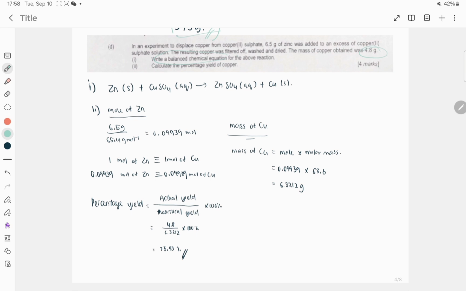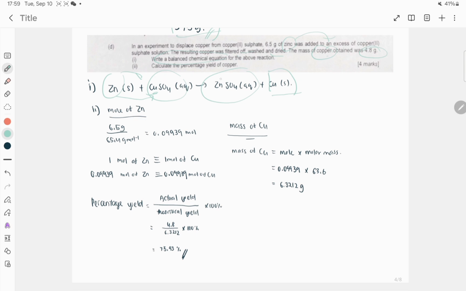So zinc was added into an excess of copper 2 sulfate, and it will produce a displacement. The Zn will replace the Cu to become ZnSO4, and then after we wash and dry, we get copper, which is over here. So we will know that this is our equation.